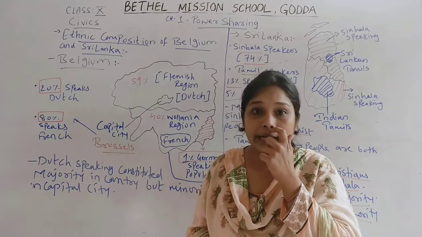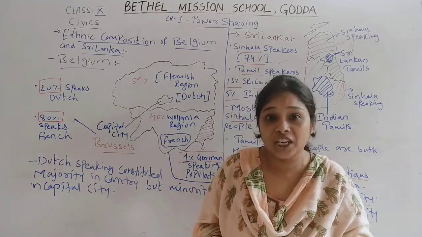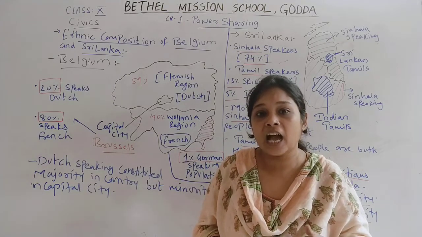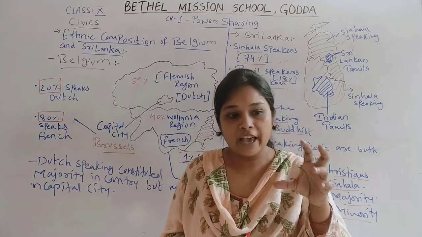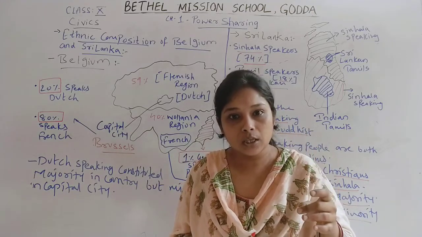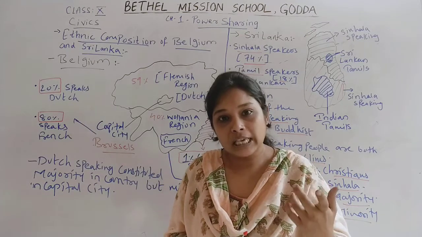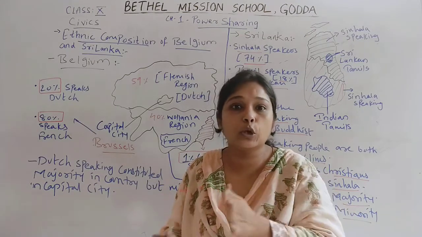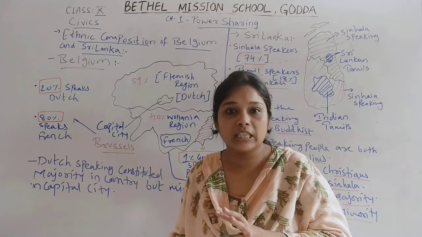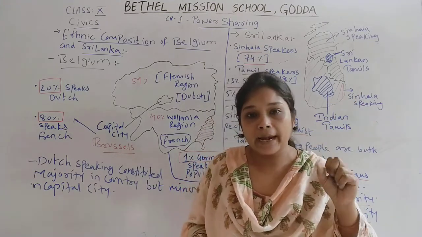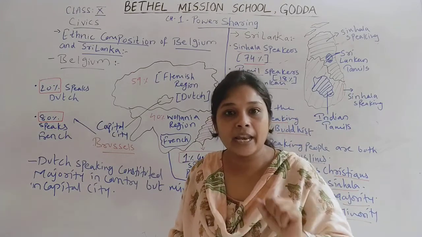Now when we talk about ethnic composition in India, we can say that Hindus are in majority. We have Hindus, Muslims, Christians, then Sikhs, Parsis. These are the ethnic groups in India. Hindus are in majority and Muslims, Sikhs, Christians are in minority.